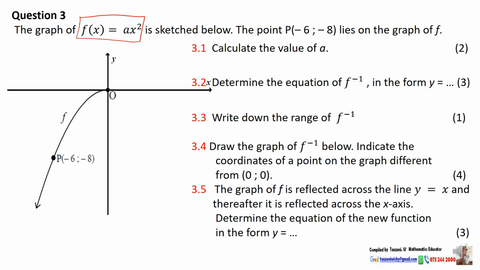Now, the sketch is given below. The point (-6; -8) lies on the graph of f. Calculate the value of a. So, quickly, number 3.1, I can find the value of a using substitution.